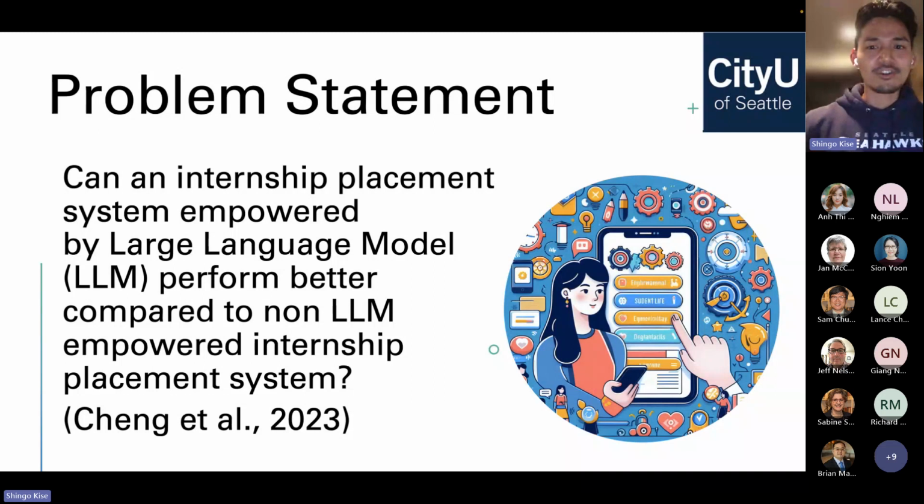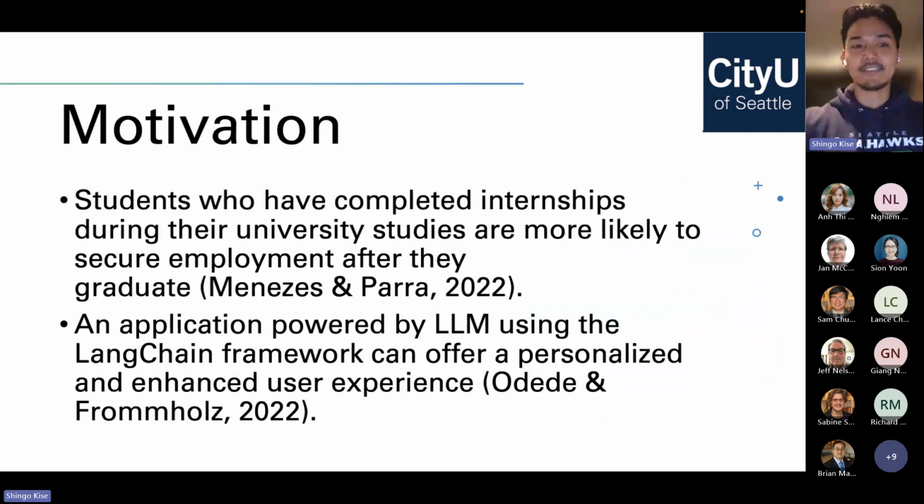And all the journals that I've seen so far don't implement large language models, because this is something newer. So looking at those journals, I'm saying, hey, what if I implement a large language model into this internship placement system? Would it be better? So that's my problem statement. I have to basically define that.